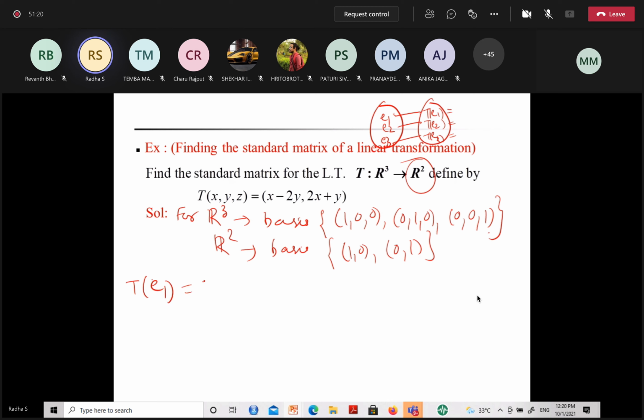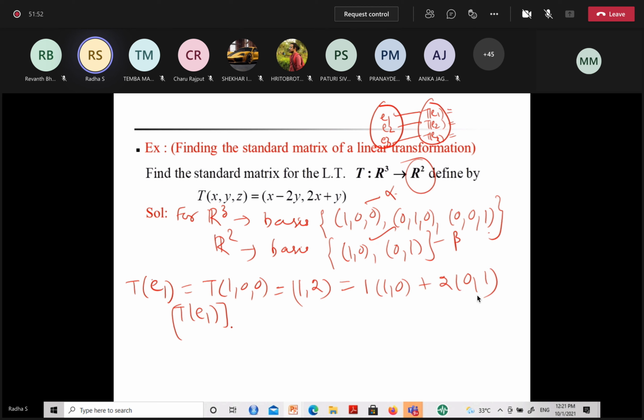Okay. So what is T of E1? That is T of 1, 0, 0. What is T of 1, 0, 0? It is 1, 2. So how to write 1, 2 using this basis? It is 1 times 1, 0 plus 2 times 0, 1. Shall I give some name to this? This is alpha. This is beta. So T of E1 with respect to beta is 1, 2.